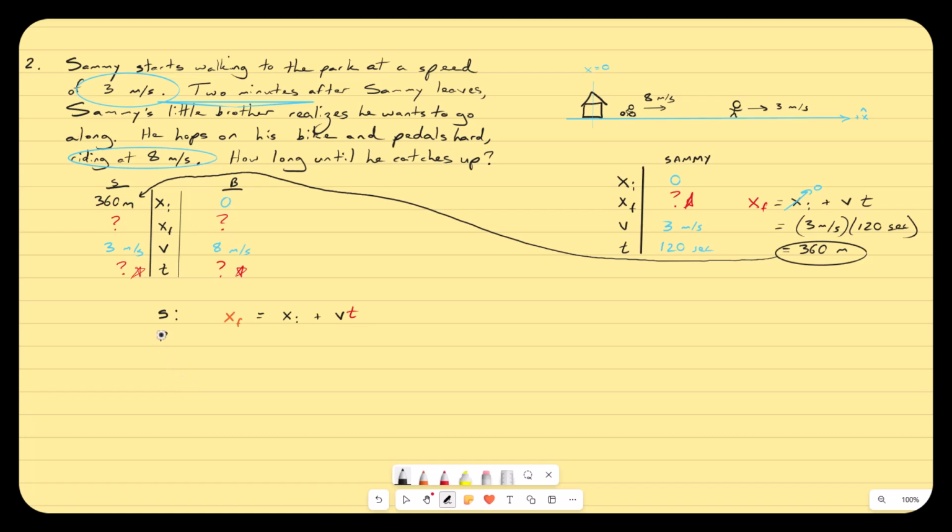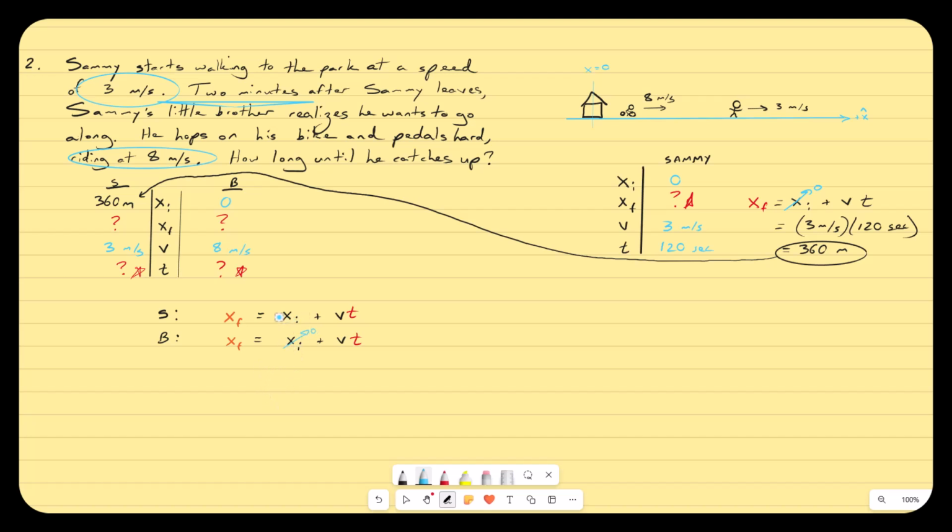For the brother, I'm going to have the same equation. X final equals X initial plus vt. I also know that for the brother, my X initial is 0.